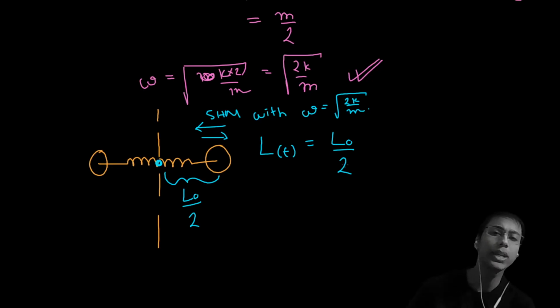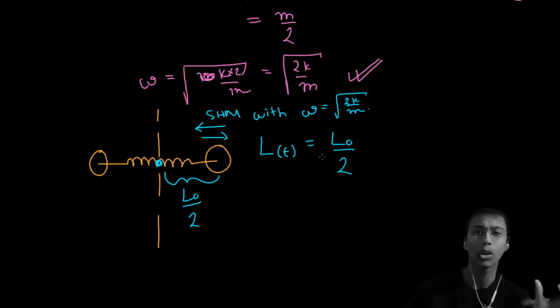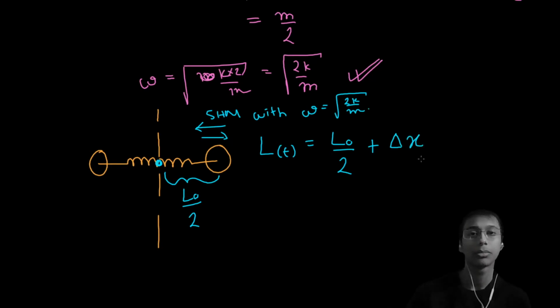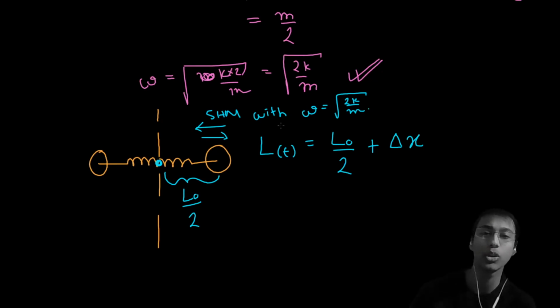So if it's doing SHM, this L0 by 2 is always constant here, plus something due to SHM. Let us call that delta x. Now this length L(t) would be according to you.